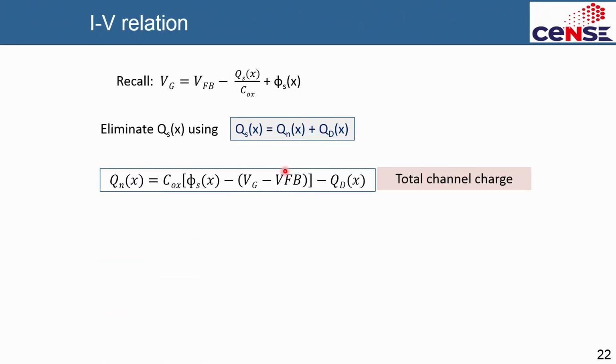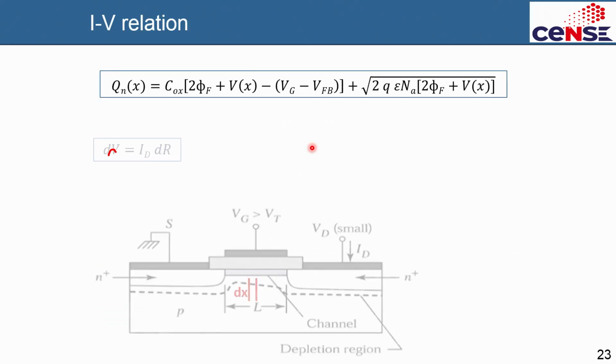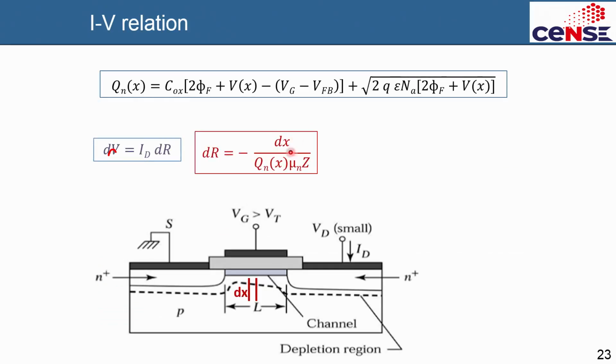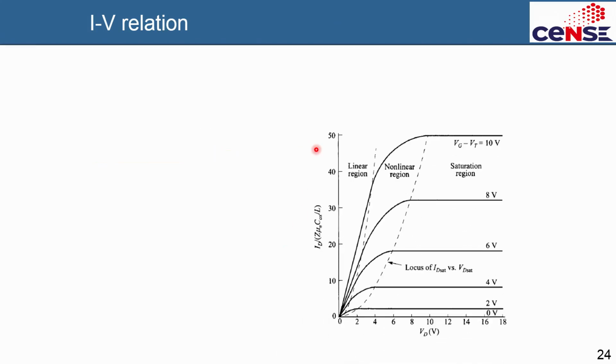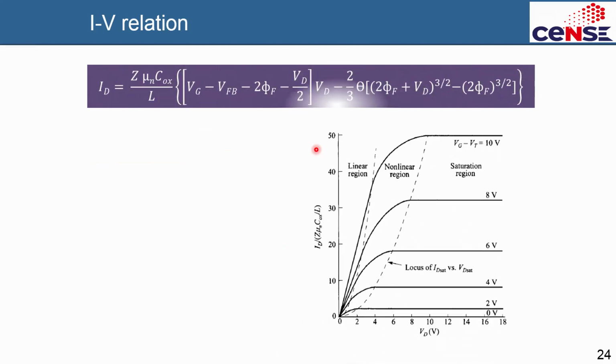So you substitute that here, and this Qn, you take and put it here. Then with your ID, this expression becomes ID times this expression dx. This can be taken to the other side, so it will become like that. Now you integrate over this entire channel length from 0 to L, and you get this expression.